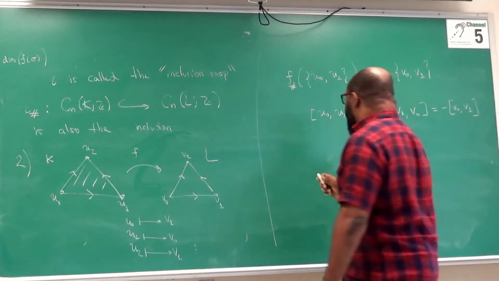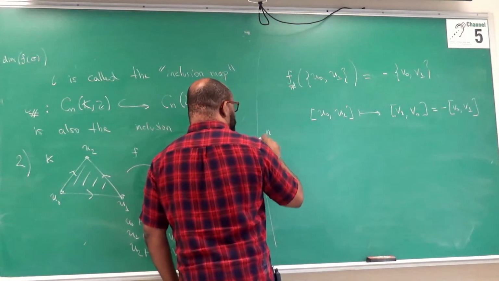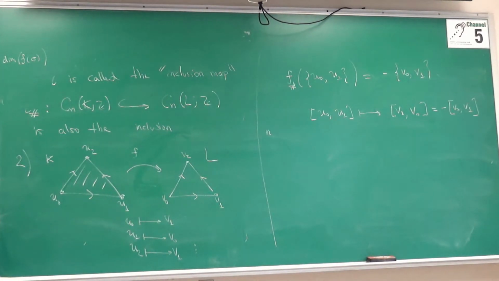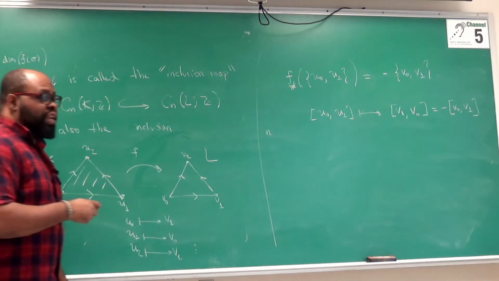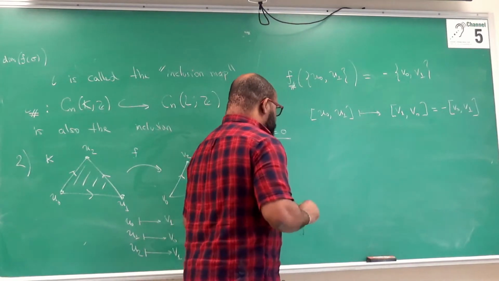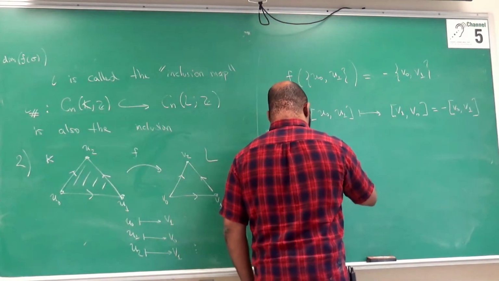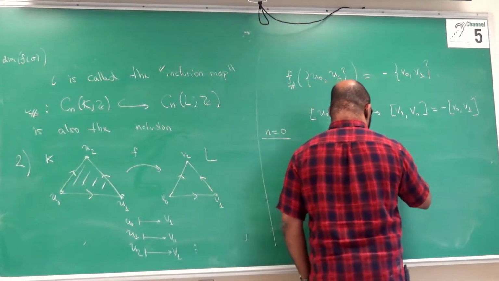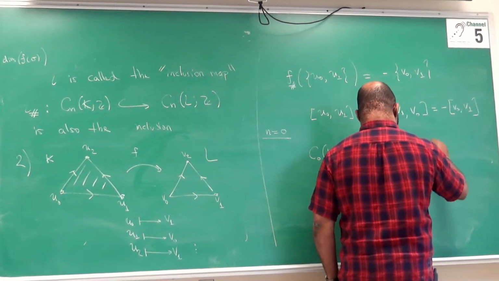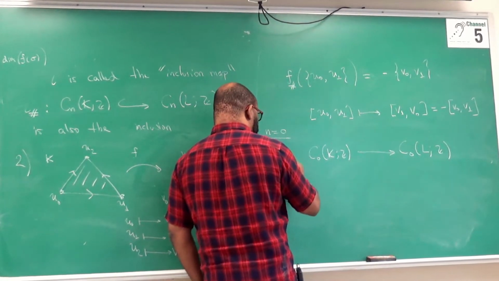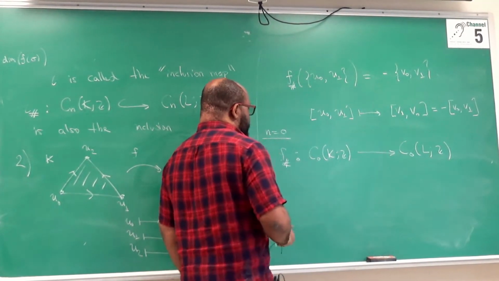Okay, so let's now compute what the F sharps look like in each one of the dimensions. Right, so here is C_0(K; Z) to C_0(L; Z). So this is F sharp right here.